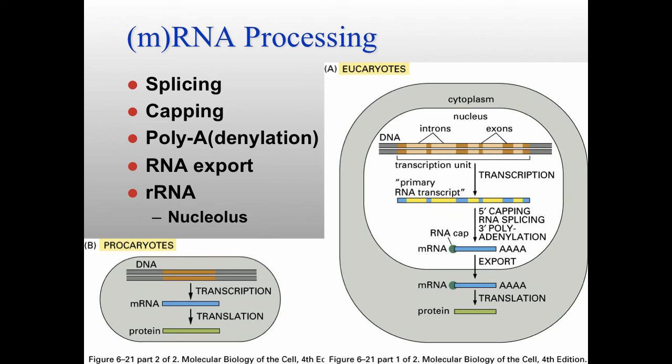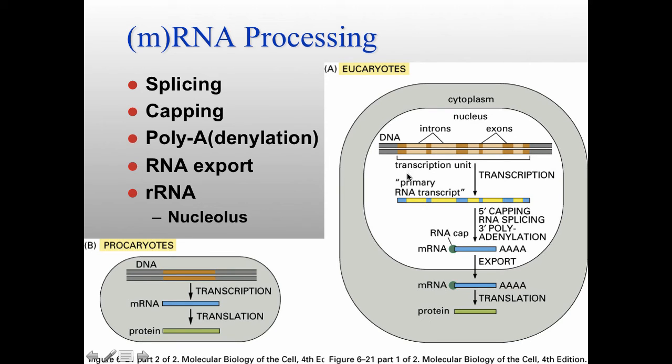So once we've made the messenger RNA for bacteria, it's easy because that messenger RNA gets bound by ribosomes. You make the protein. Great, efficient, wonderful. On the other hand, something which I think I didn't do a good job of explaining previously is that when you have transcription that takes place on eukaryotic DNA, you end up with what they call here a primary RNA transcript.